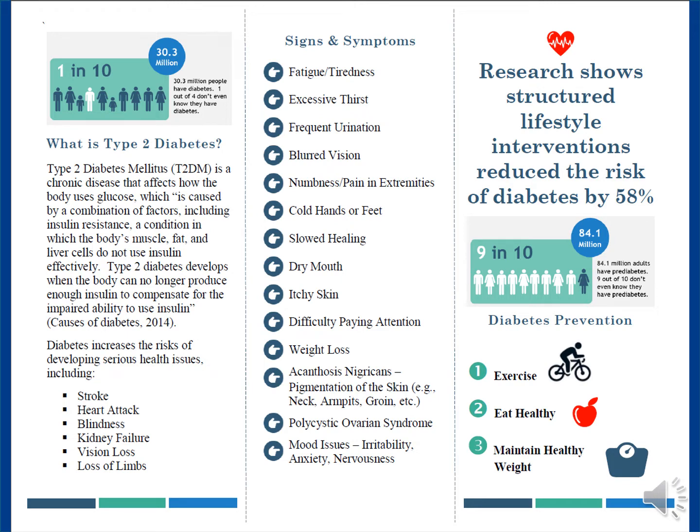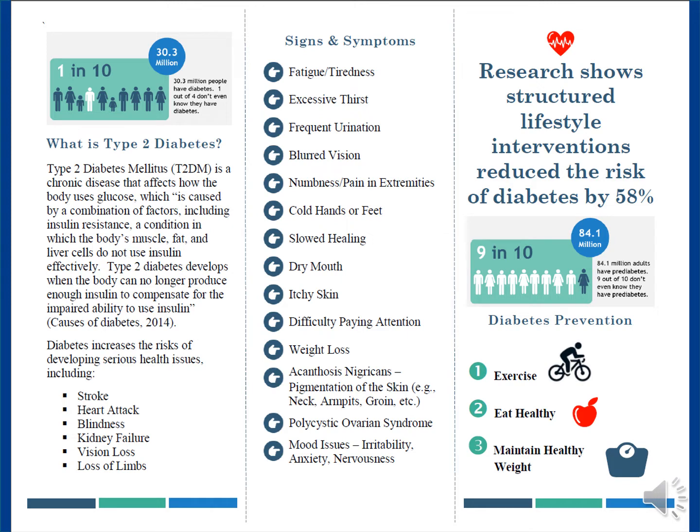The signs and symptoms of diabetes are fatigue or tiredness, excessive thirst, frequent urination, blurred vision, numbness or pain in extremities. Extremities are our arms and legs.